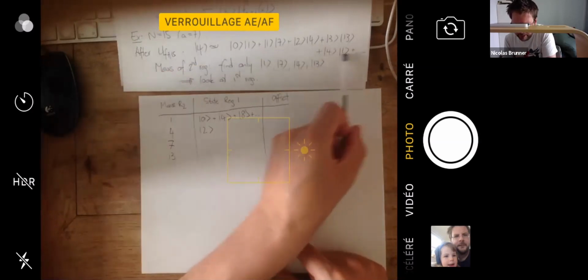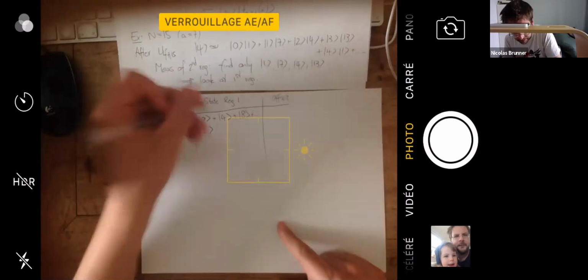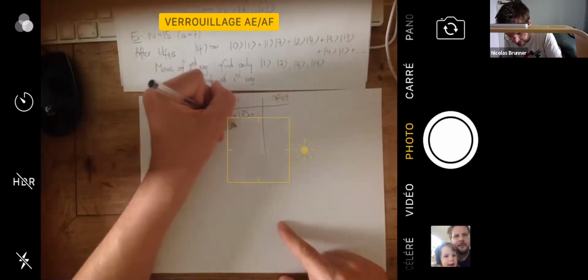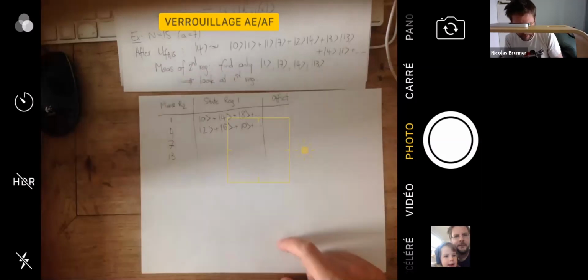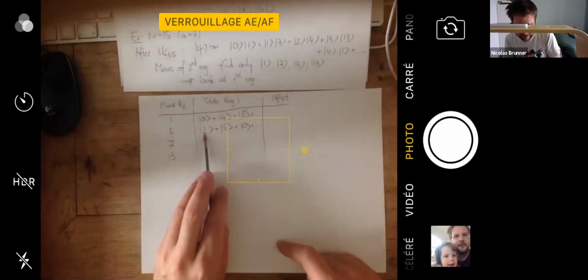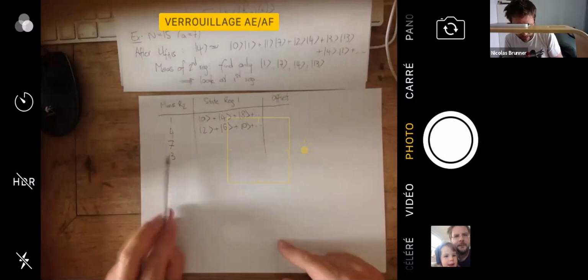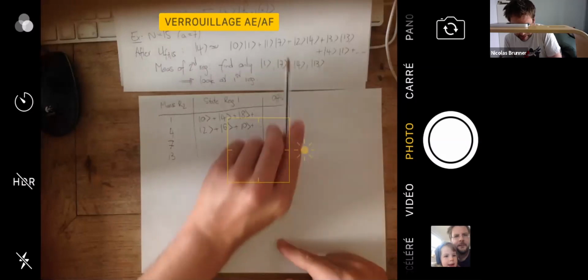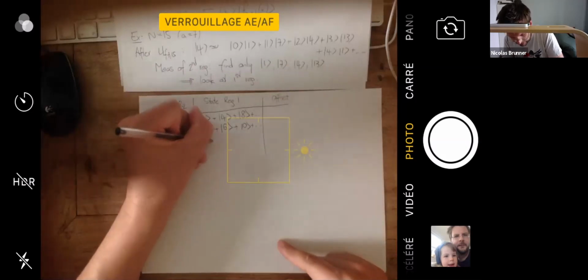Because of the periodicity of 4, I have 6 and 10 and so on. I have again period 4, but now I start at 2. When the measurement of R2 gives me 7, it's the same idea, but now I start at 1.